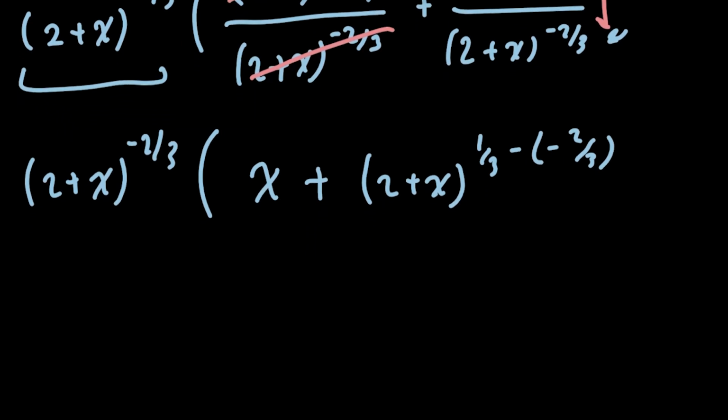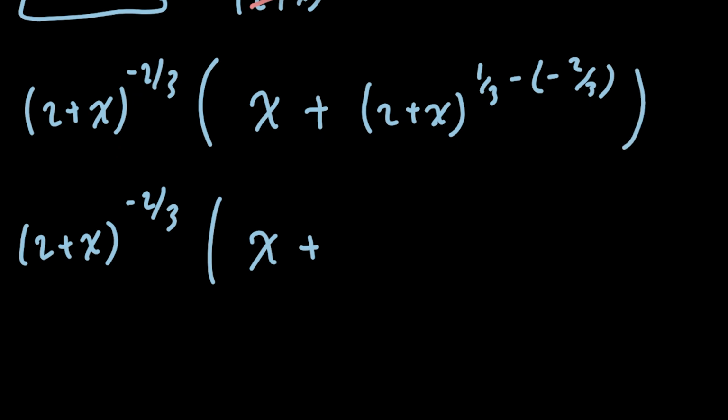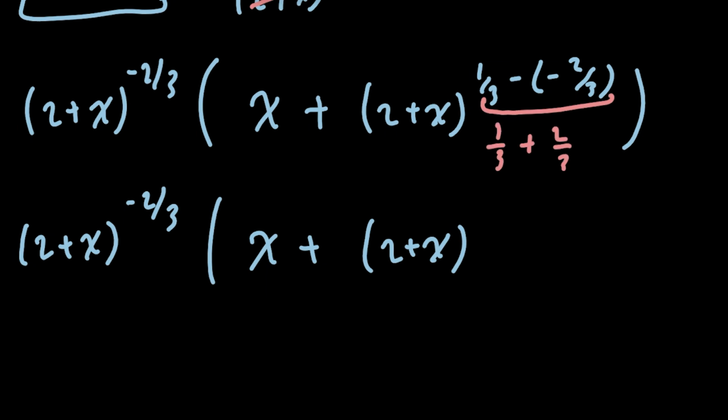So let's see what we will have. Here we will have 2 plus x all to the power minus 2 over 3, and here we'll have x, here we have a bracket, plus here we will have 2 plus x all to the power. So when we are summing, here we will have 1 over 3 plus 2 over 3, which is nothing but 3 over 3, which is 1. So we will have here power 1.